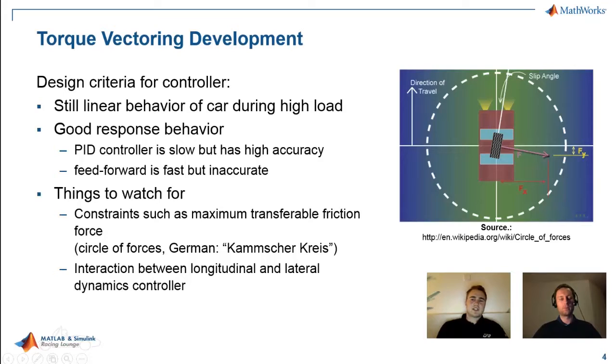This is pretty useful because drivers in Formula Student are just hobby drivers and not professional racing drivers like in Formula One. And a human can handle linear systems pretty well. So if you have a linear system or a linear car, then the driver is automatically better.